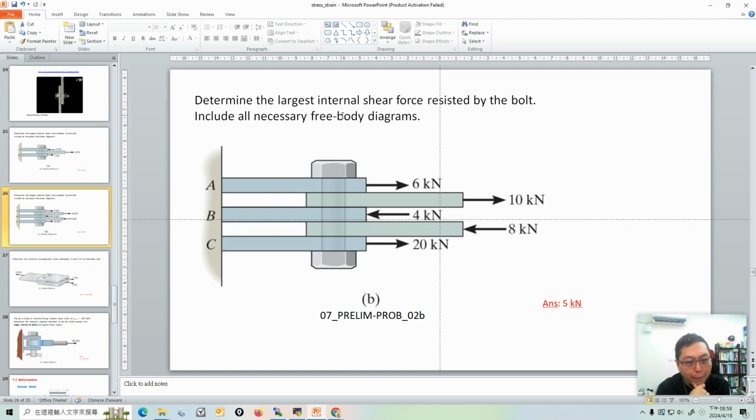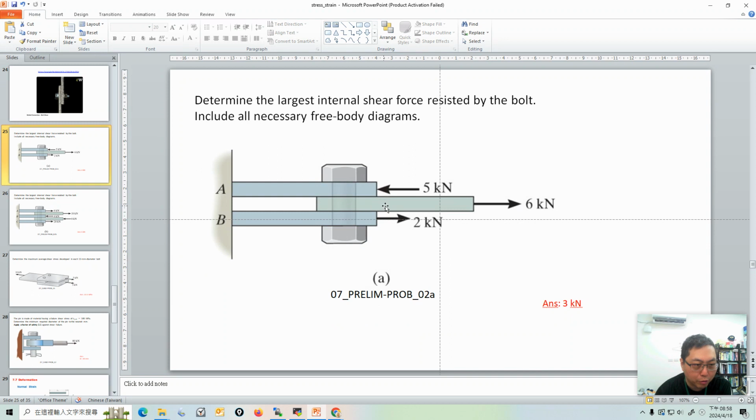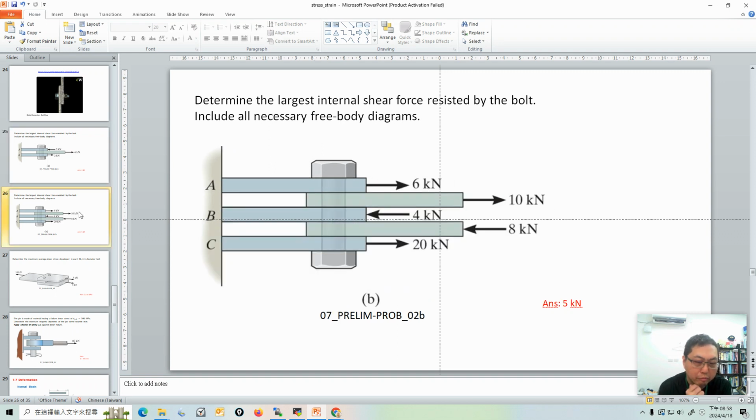For this bolt problem, I think it's better to analyze from the middle member. It looks much easier to analyze, so we start with the middle member. Actually the middle member, I think, is these two.